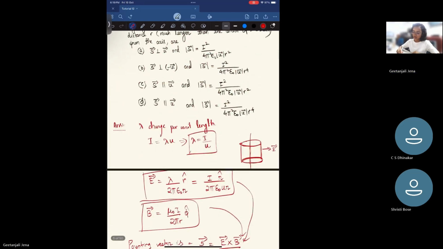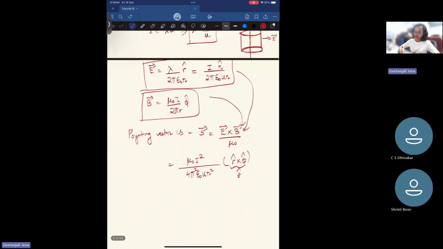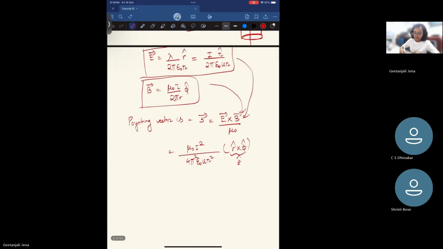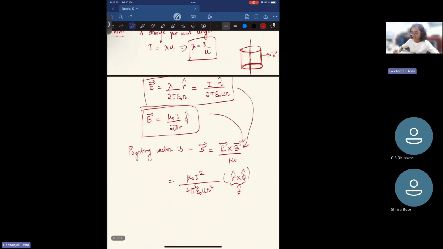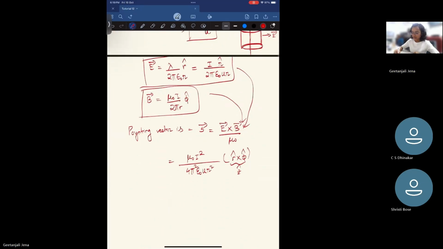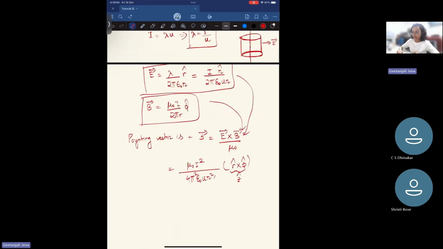Okay, so we need to eliminate mu naught also. For this, C is there, I think. Mu naught will cancel. There will be one mu naught here, which will cancel with the other.